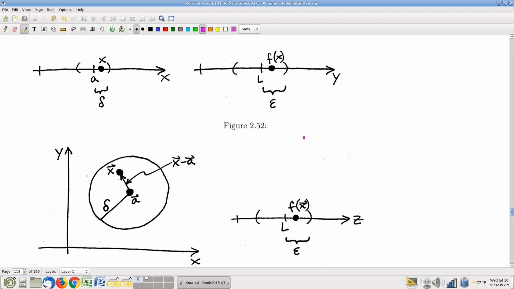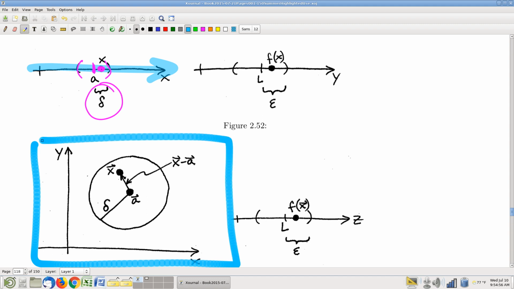So what is the analog of a one-dimensional domain, where we're looking at a point, a radius, and another point that's within that radius? The two-dimensional version of that, if I had a function with two input variables, in other words: we have a point and we have a radius.